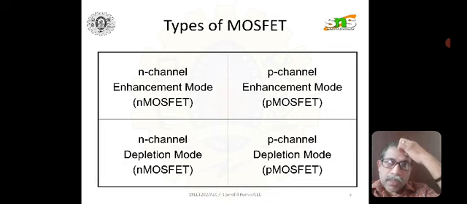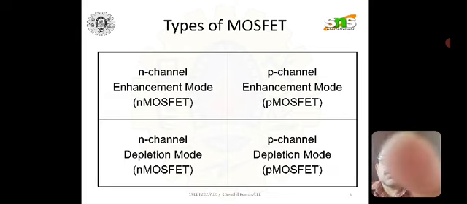And the P and the N represent the majority carriers in the channel. If the majority carriers in the channel are holes, then it is a P channel, and if the majority carriers are electrons, then it is an N channel MOSFET.